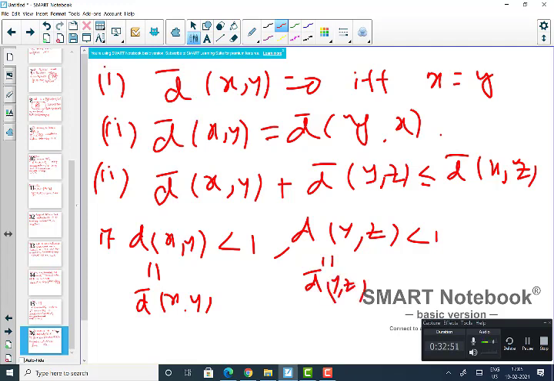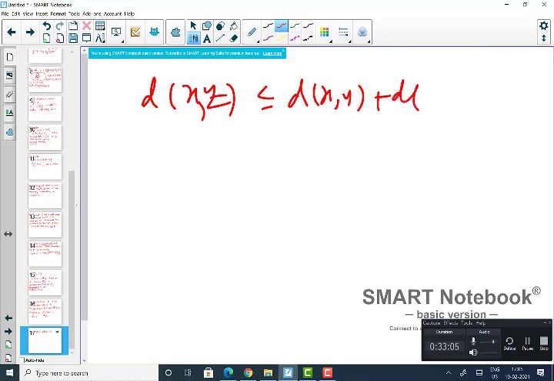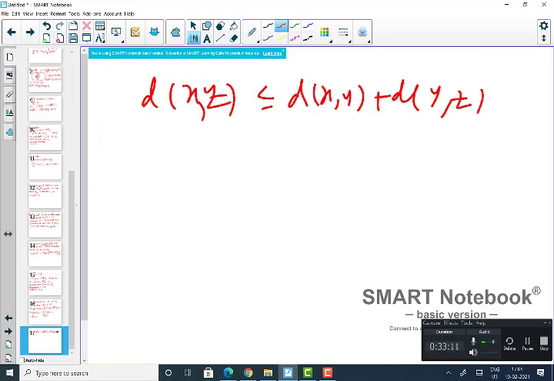Now because d is a metric, we know that d of x z is less than or equal to d of x y plus d of y z. But because of the first condition, that they are less than 1, I can say that this equals d bar of x y plus d bar of y z.